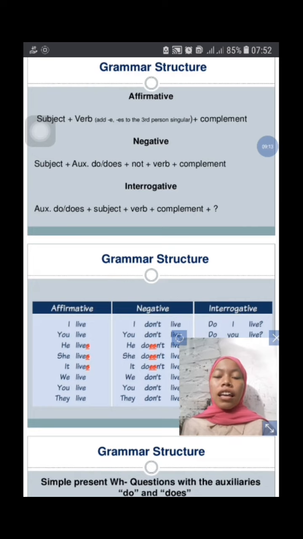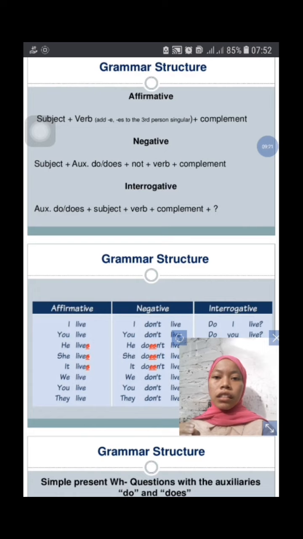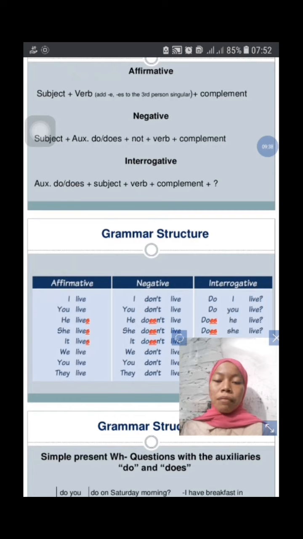In the negative, subject plus do or does plus not, verb, plus complement. Example: I don't like fruit. But in the third person singular, we use doesn't. It becomes she doesn't like fruit.